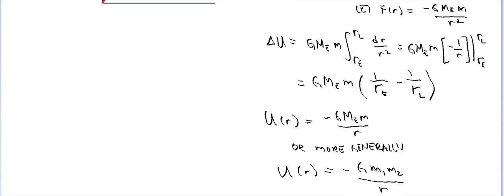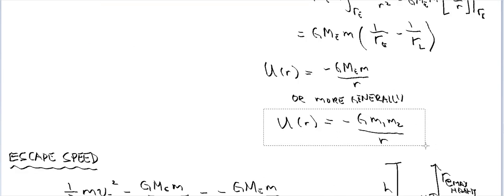Or if we want to do this more generally, it doesn't just have to be for Earth. It could be for any pair of particles. We could look at the gravitational potential energy in any system of a pair of particles, center of mass separated by r. It's just going to be minus the universal gravitational constant, 6.67 times 10 to the minus 11 newton meter squared over kilogram squared, times m1 times m2 over r.